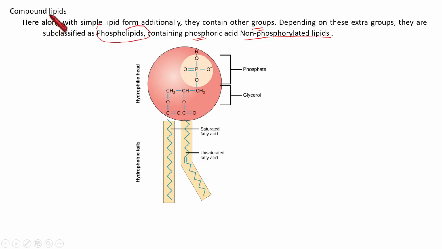So compound lipids surely possess a glycerol or higher alcohol part, a fatty acid part, and along with that a third group. Depending on that third group, whether it contains phosphoric acid, then they are called phospholipids. If some other compound is present in that place, they are called non-phosphorylated lipids. Anyway, they are all compound lipids.